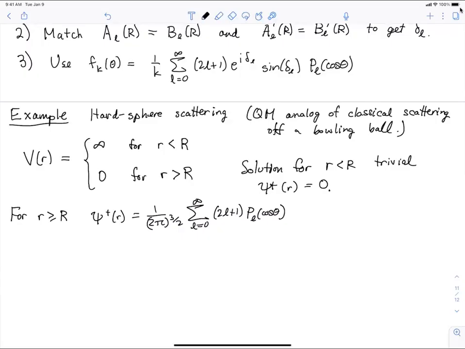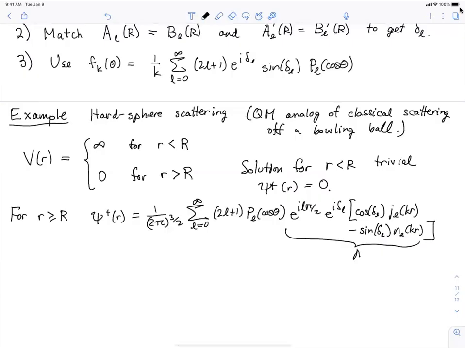And then the rest of it we decided was e to the i L pi over 2, e to the i delta L, cosine delta L, j_L of kr, minus sine of delta L times the spherical Neumann function. Okay, and so all of this stuff that's what we called A sub L or B sub L before.